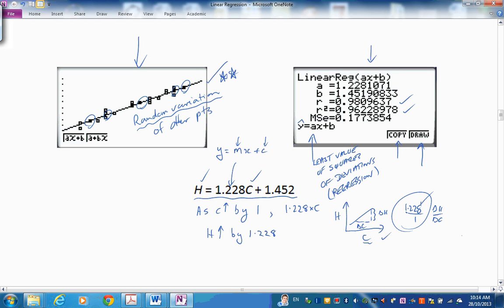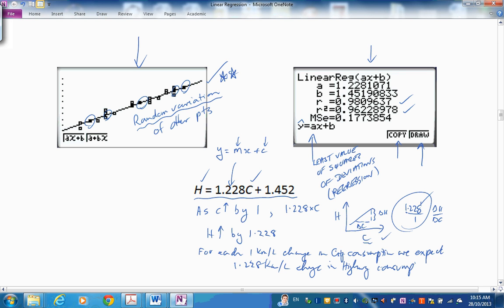So what does that mean? Well, can we write it in words now? Something like this: for each 1 kilometre per litre change in city consumption, we expect a 1.228 kilometre per litre change in the highway consumption.